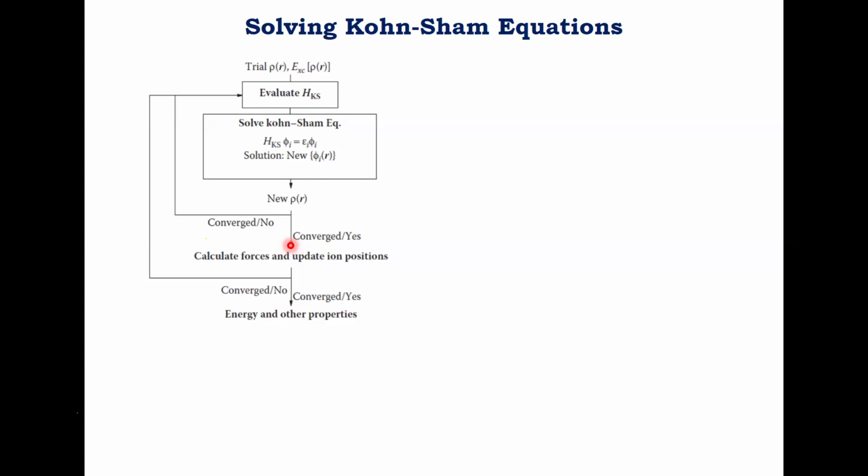So how can we practically do this on the computer? First, we find the trial density. That trial density will depend upon the system you are studying. For example, you are studying the silicon atom.